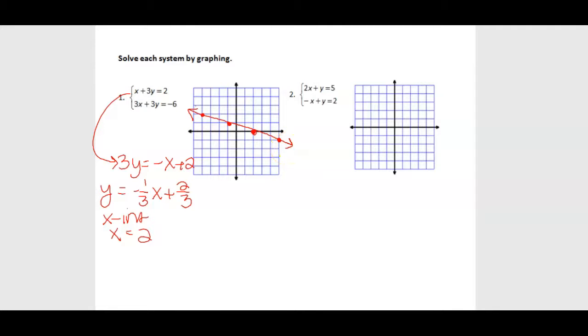And then we'll graph our other line. So for this one, I told you I'm going to graph both my x and my y-intercept. So when y is 0, x is negative 2. So that's the point negative 2, 0.